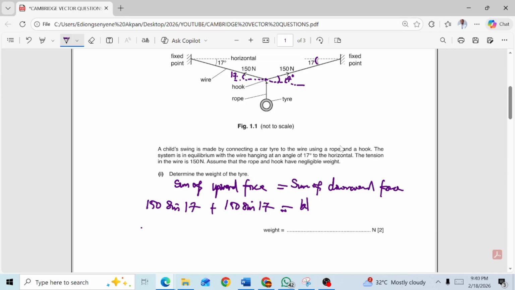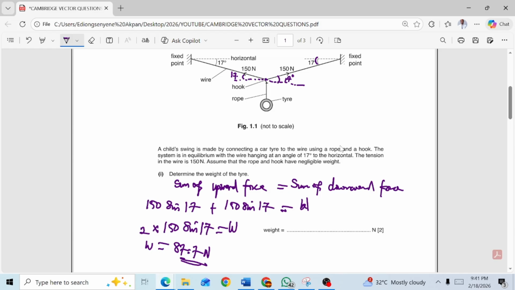And this will give us 2 times 150 sine 17 equals W. W equals 87.7 Newton.